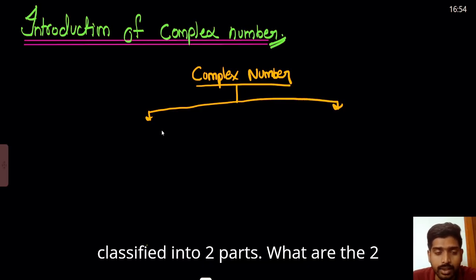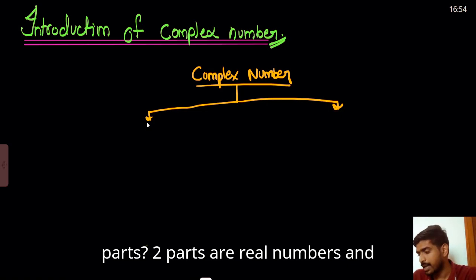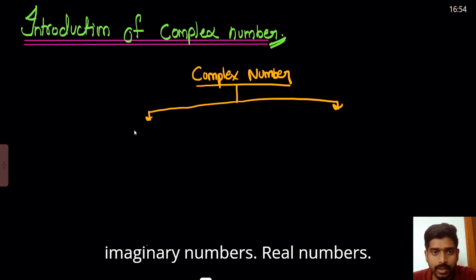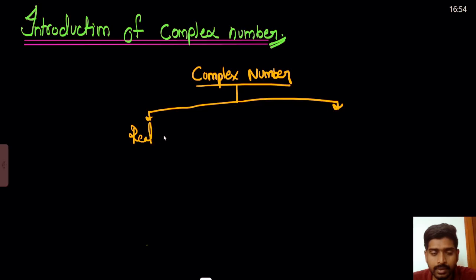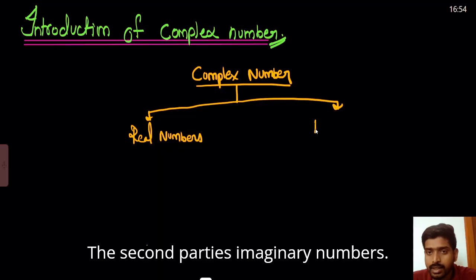What are the two parts? The two parts are real numbers and imaginary numbers. The real numbers, and the second part is imaginary numbers.